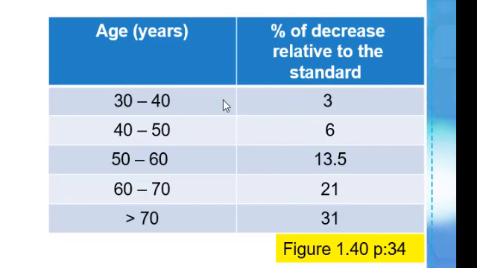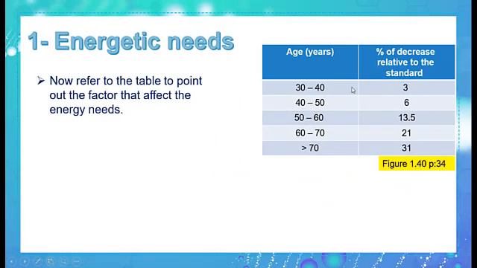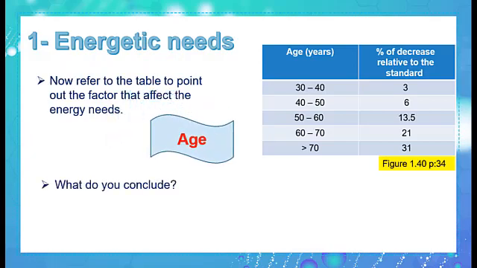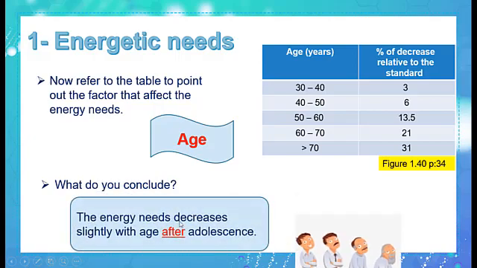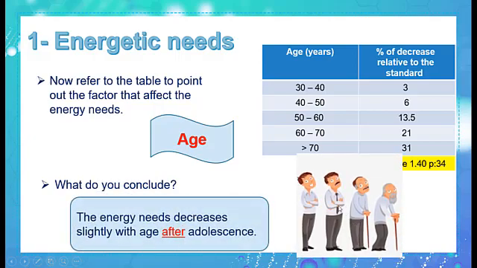So as we mentioned before, another factor that affects the energetic needs is age. But what can we conclude about this factor? It means that the energy needs decrease slightly with age after adolescence. Now, what are the factors for the energetic needs?